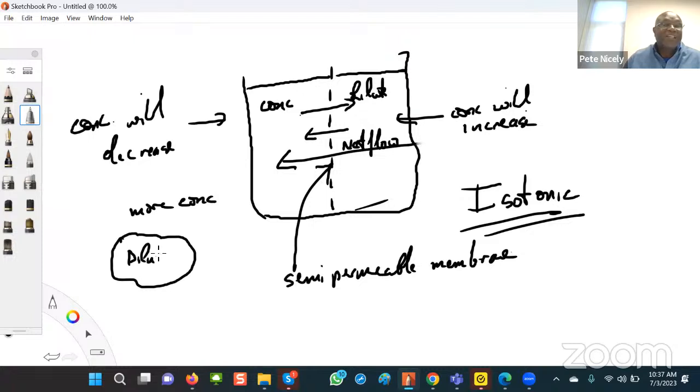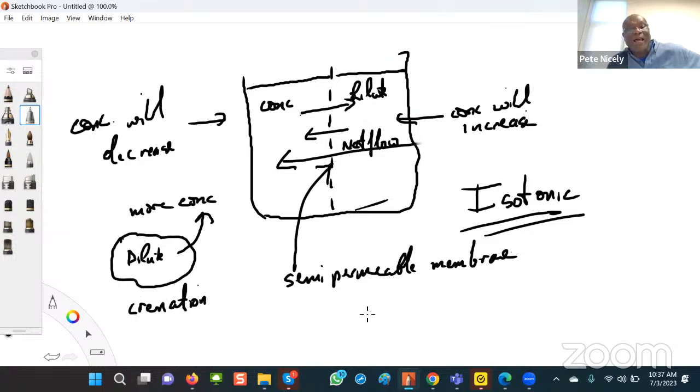Let me just put dilute here. Then what's going to happen is that you're going to have the net flow of water from inside the cell to outside, and therefore the cell will shrink. And there's a medical term or biological term for that. We call that crenation, when the blood cell shrinks.